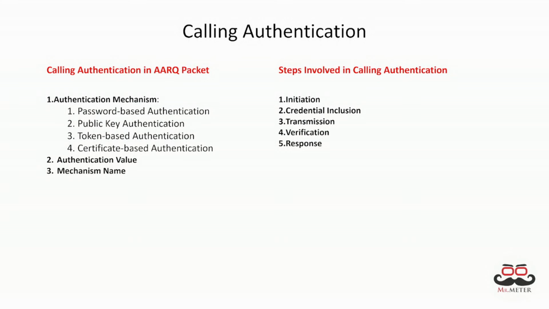The response: if the authentication is successful, the called entity proceeds with establishing the association. If the authentication fails, on the other hand, the called entity may reject the association request and send an error message or an association response reject, ARE packet.